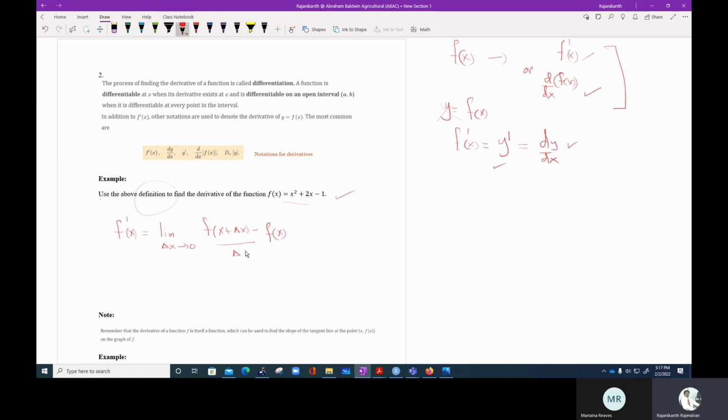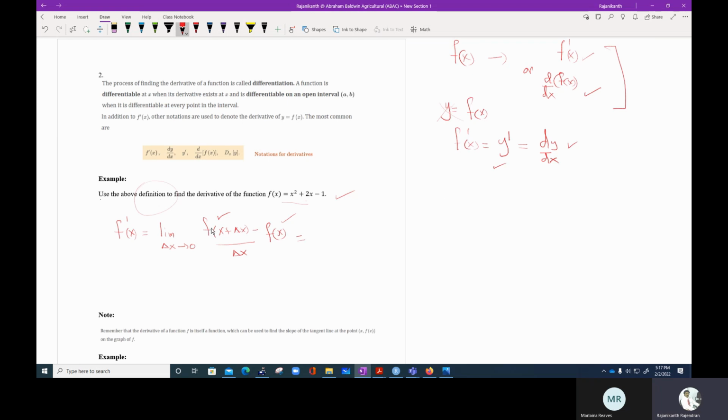You have to remember this formula. Now I'm going to use this formula like earlier we did for the slope of the tangent, the same procedure. I'm going to find f of x plus delta x, then subtract, simplify, and find the limit. Let us do that.